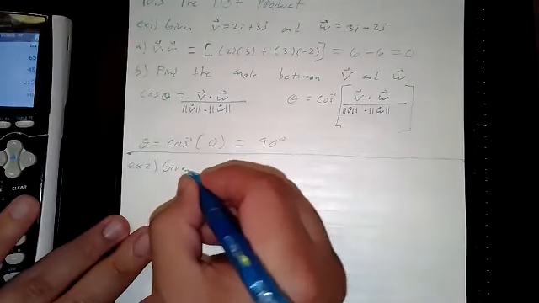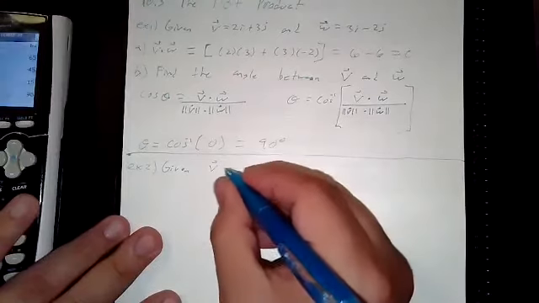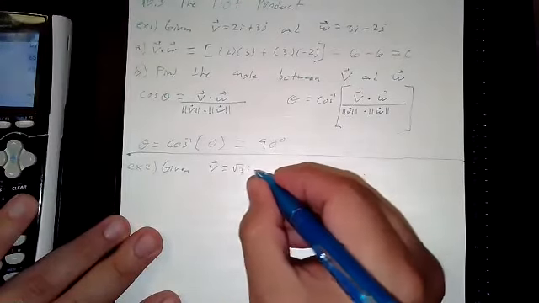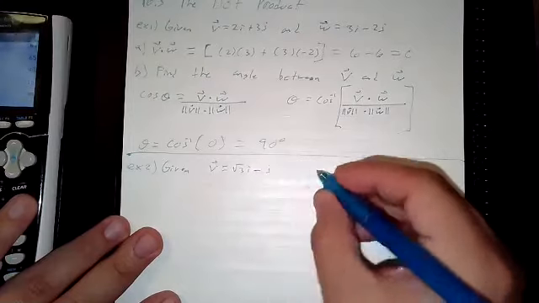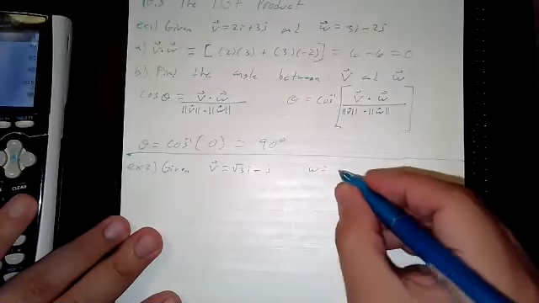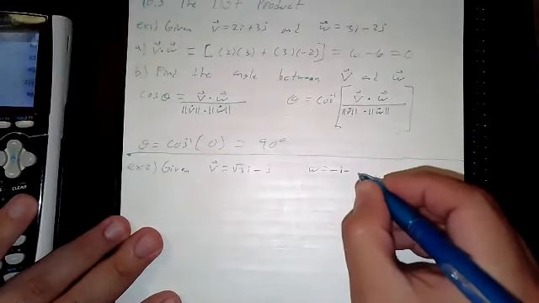All right. So given V, number 2 then, equal to square root 3 i minus j, and W equal to negative i minus j.